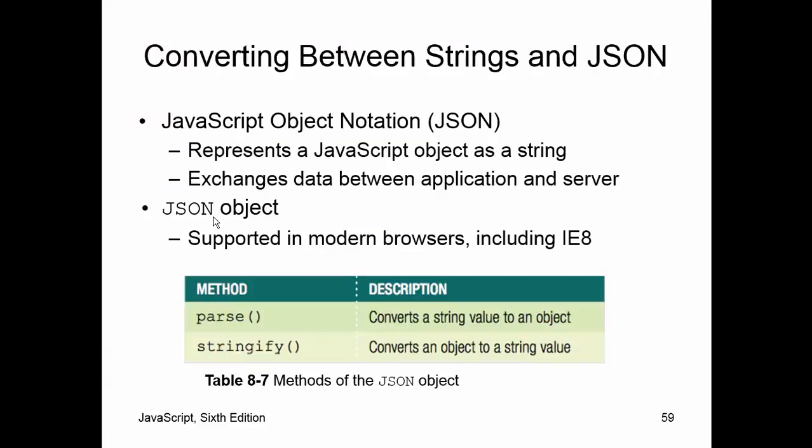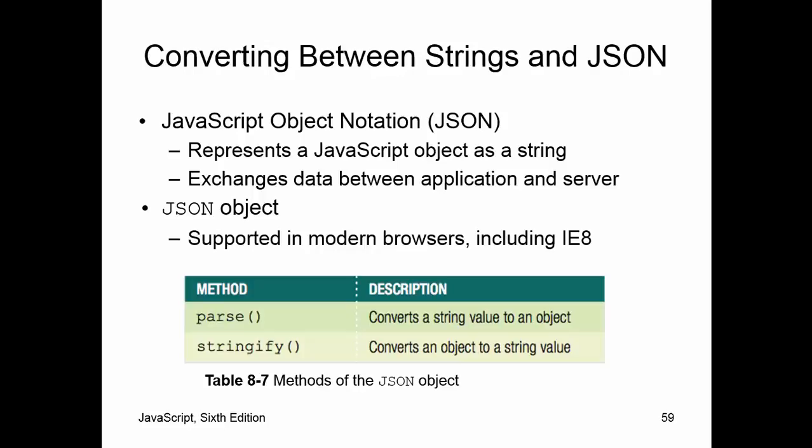So JSON is basically a way of looking at a JavaScript object and using it like it's a string. There are only two major methods that you use in JSON: parse, which converts a string to an object, and stringify, which is the opposite.